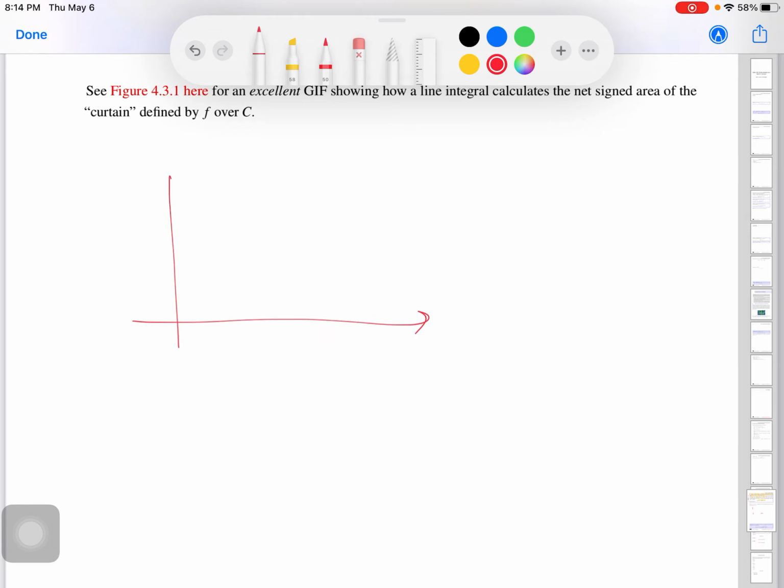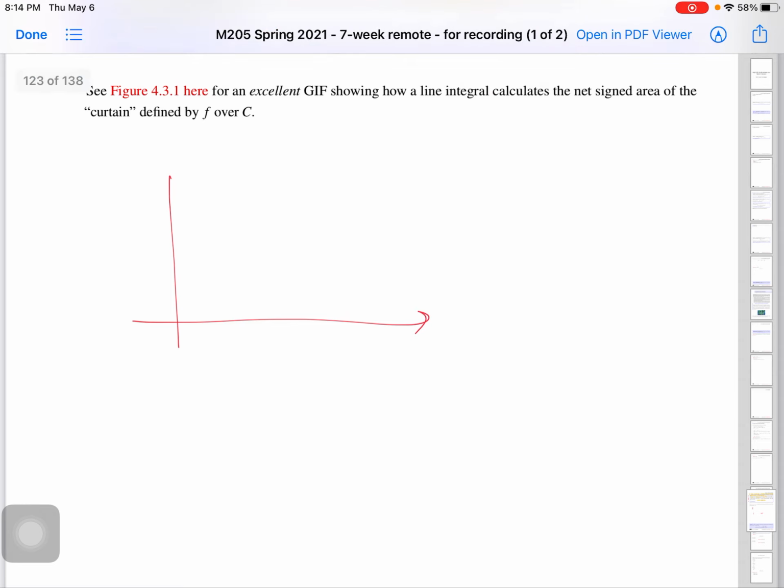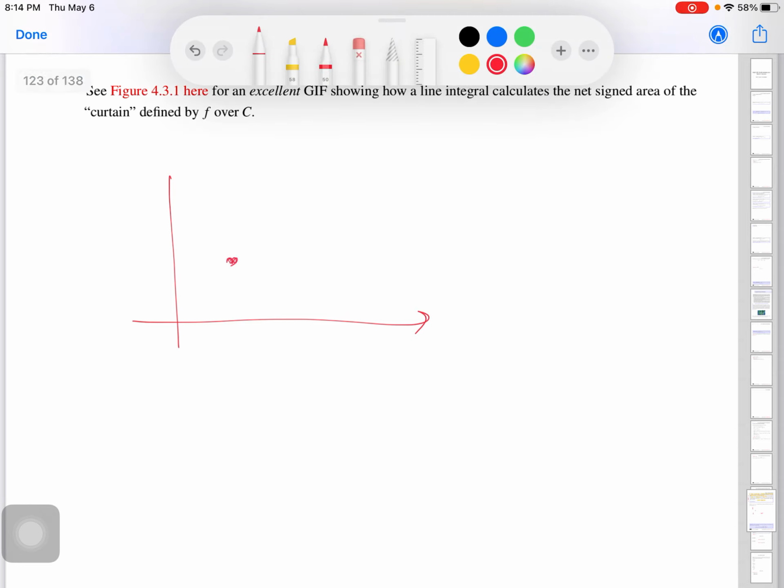So here's what we're going to do. First of all, I'm going to assume that we're dealing with some curve. So I'm going to go back to single variable calculus.